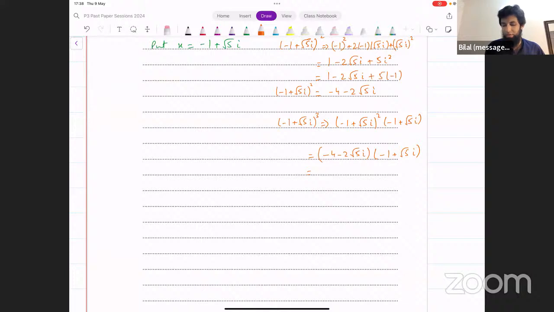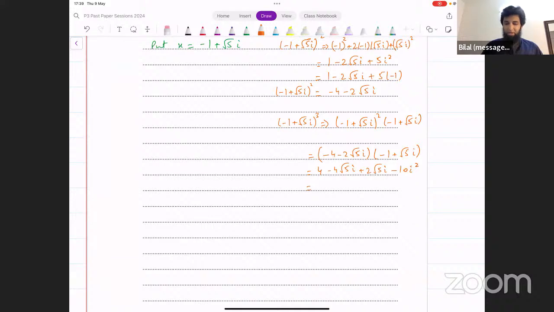Minus 4 into minus 1, that is 4. Minus 4 into √5 i, that's minus 4√5 i. And then minus 2√5 i into minus 1, that's plus 2√5 i. And then minus 2 into 5, which is 10 i squared.